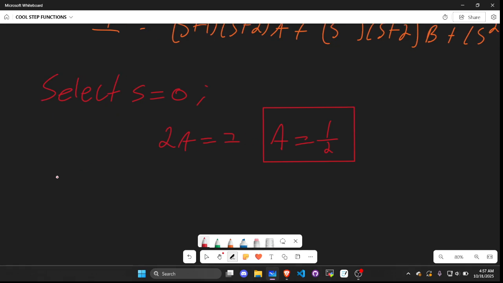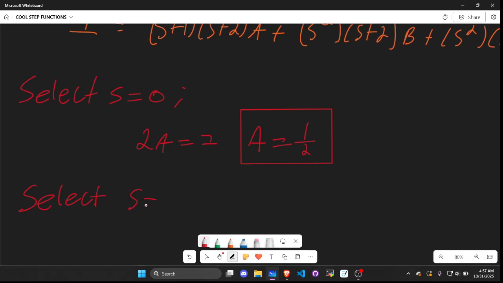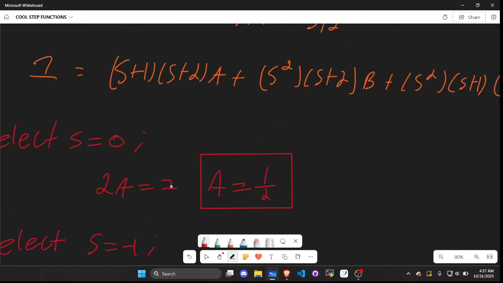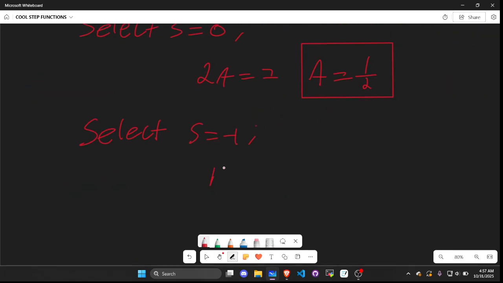All right, now we're going to select s equals -1. If we select s equals -1, this guy cancels, this guy cancels, so you just end up with b. You end up with 1 equals 1 times b, so you just get b equals 1. Not a lot more work to be done there.